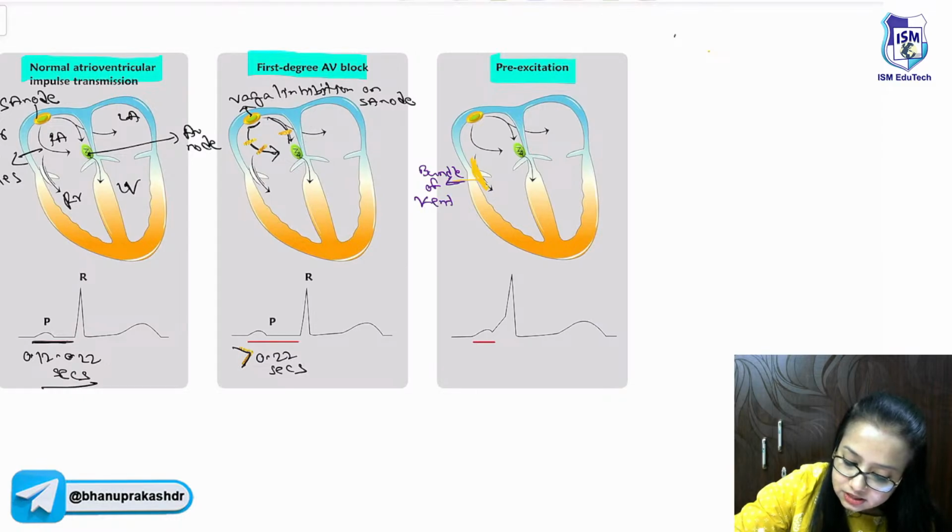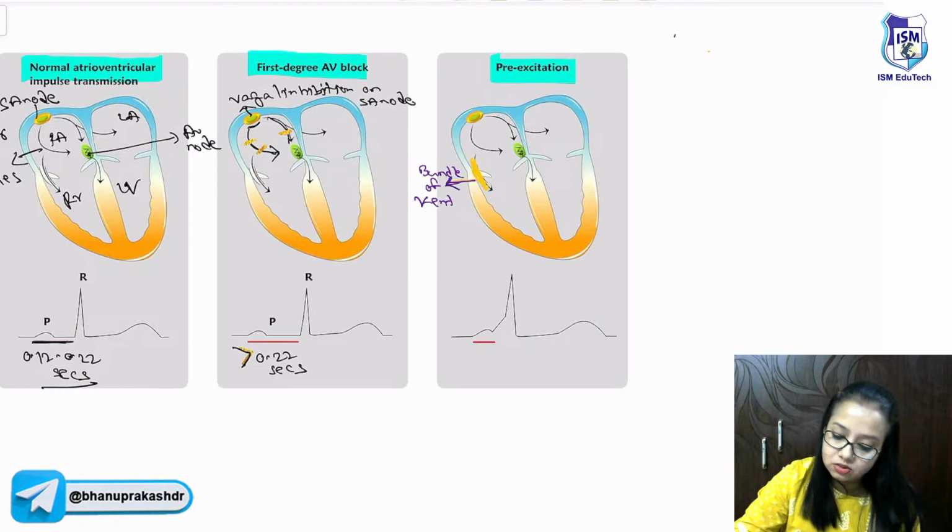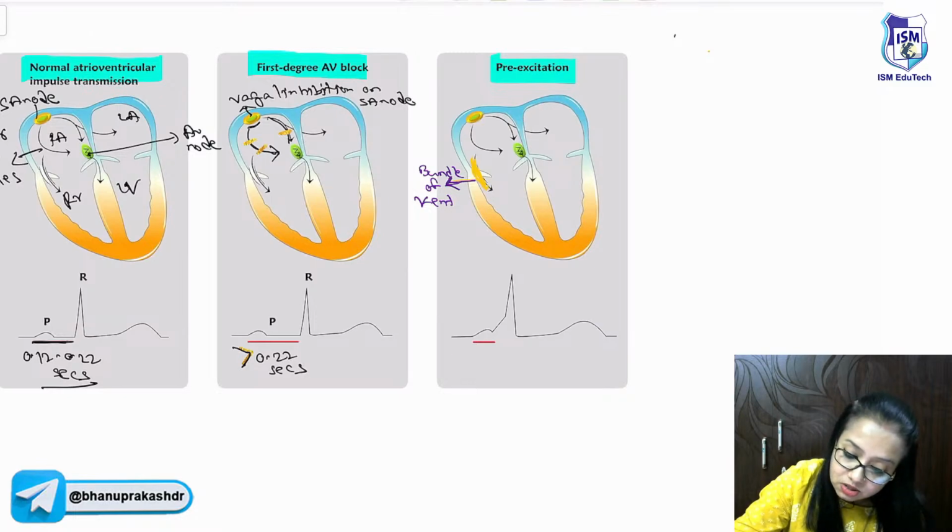If such an extra accessory pathway is generated, then what will happen? What is the scenario we studied? From the AV node, as usual, there will be transmission of impulse, right?